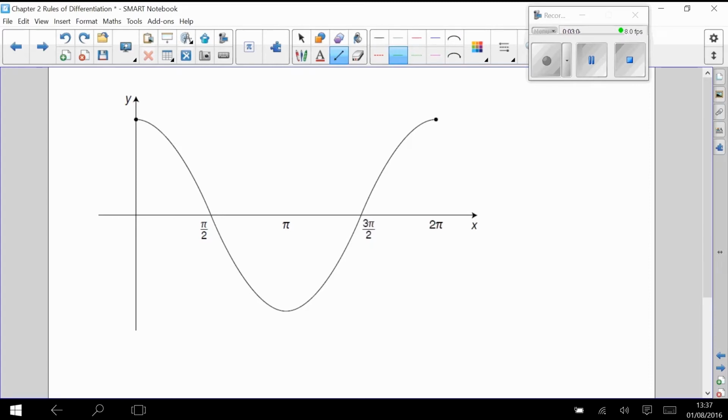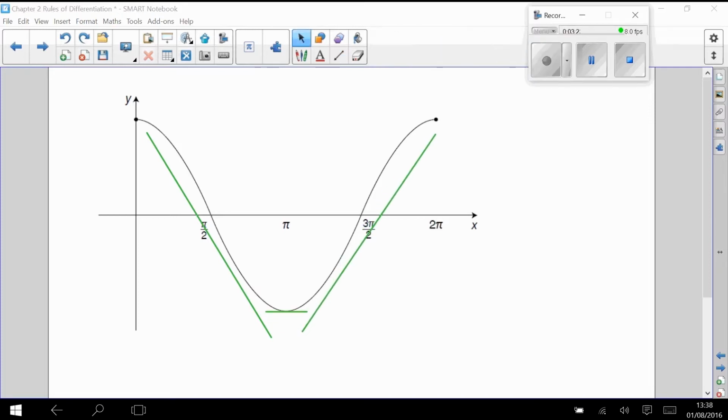Taking a look at the cos of x function, it decreases all the way down from 0 to when x is pi. It has a 0 gradient when x is pi, and then it has an increasing gradient. In addition, you should notice that it also has a 0 gradient when x is 0 and when x is 2 pi.